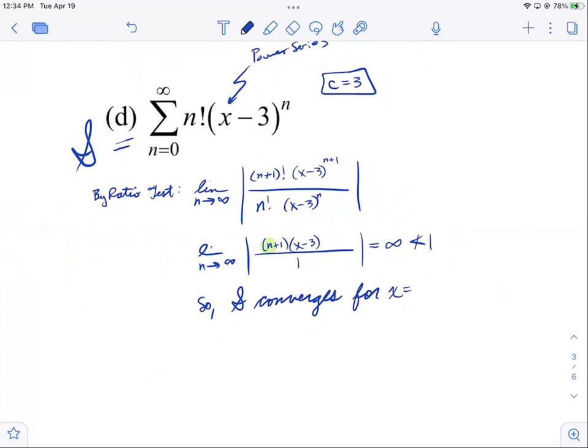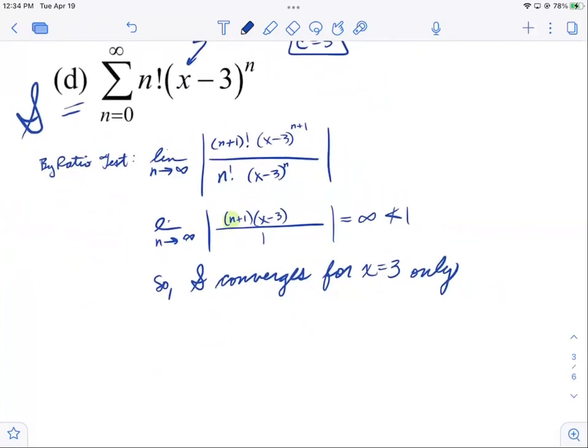X equals 3 only. Okay, it converges for 3 only. We can't really write that as an interval. Every series converges at its center. Okay. And the radius of convergence is what? Yeah, it is 0.